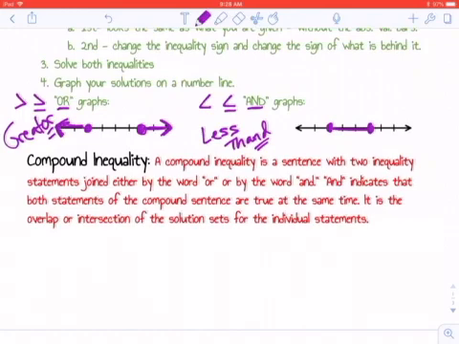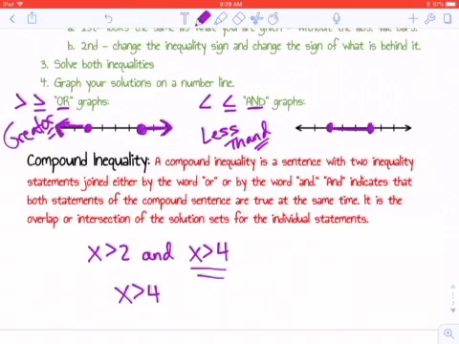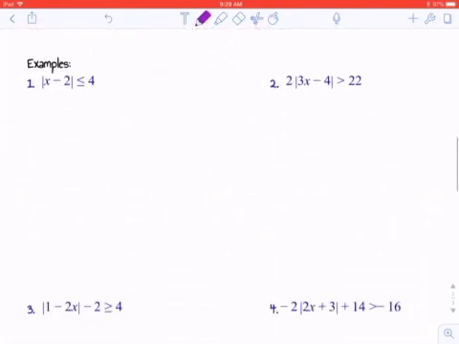So, for example, if you have x is greater than 2 and x is greater than 4, you would just simply graph x is greater than 4, because that would include the numbers that fall into both of those categories. There's no need to graph numbers that are greater than 2 but not greater than 4. Like 3 would not meet this criteria, that x is greater than 4.